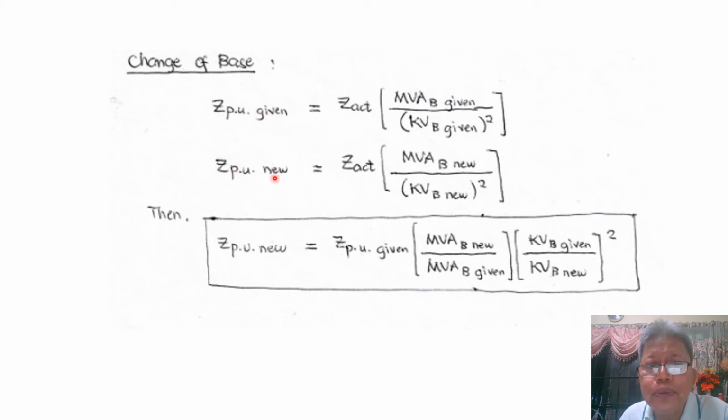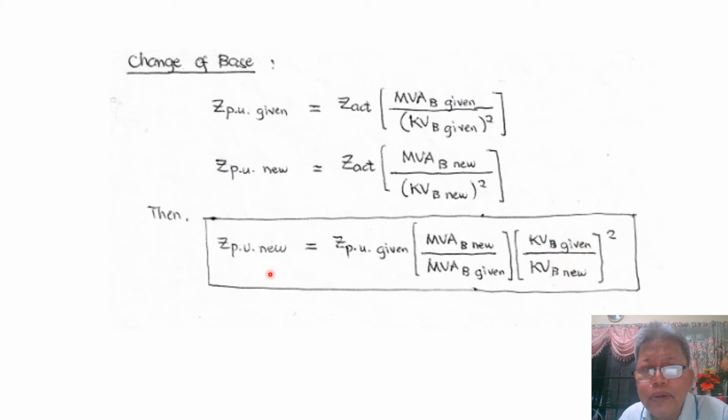So we have ZPU new divided by ZPU given, and then we transpose the ZPU given to the right. And then at the right, we divide this by this one. For the numerator, we have the MVA base new here, and the MVA base given would be down here. Whereas the kV base new is still down, and the kV base given would be up, and since they are squared, we can divide first the two, and then square the result.